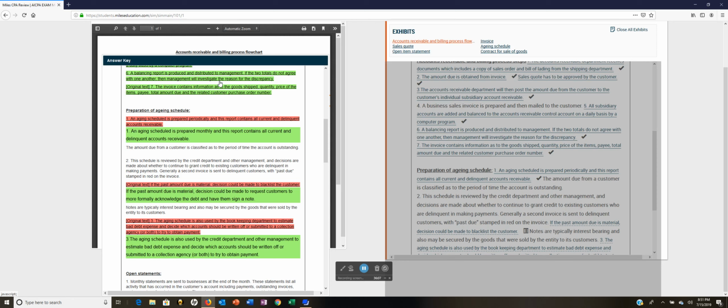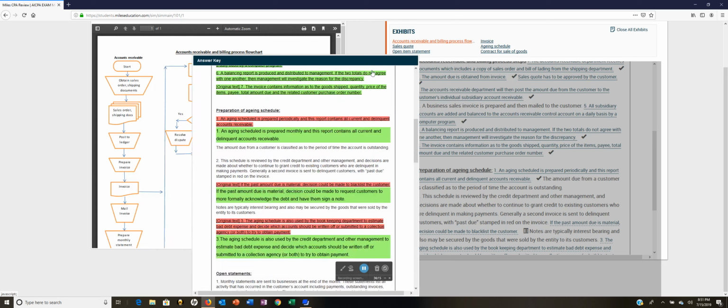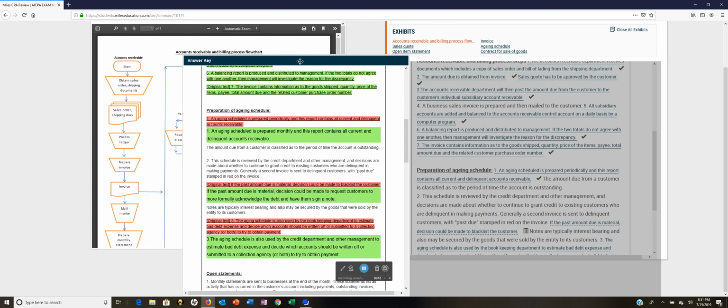But in my personal experience, I've been with companies where it's not always been done that way, but the standard is that it should be done monthly. Anyway, this was great because we did 8 of them, got 6 right, and missed 2. And if you did that on the CPA exam, you get most of the credit. They're not going to expect you to get every one of these right.